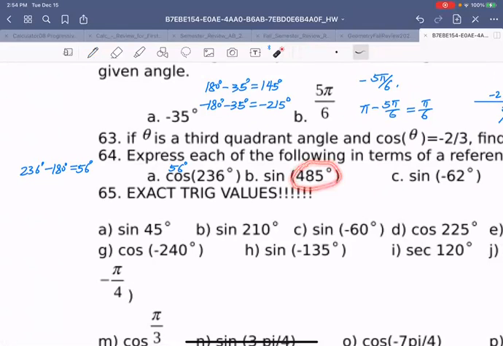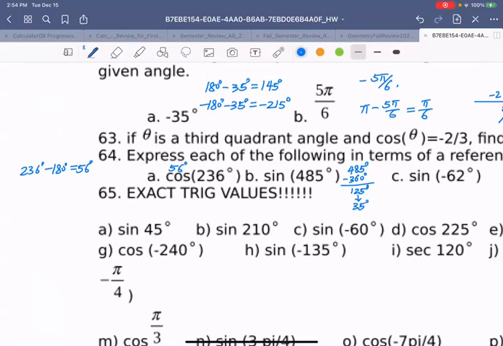And 485, if we minus 360, it is in quadrant 2, but we want to make it quadrant 1. So we use 485 minus 360, and this is 125. And 125 again, we can minus 90 degrees.